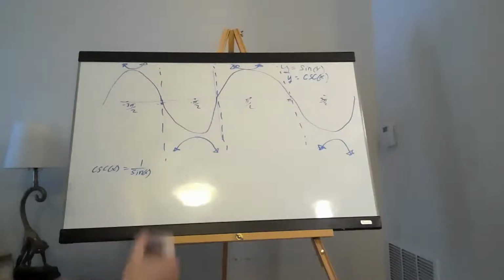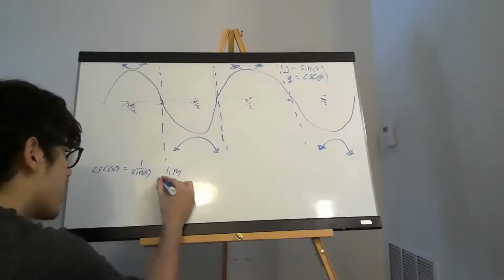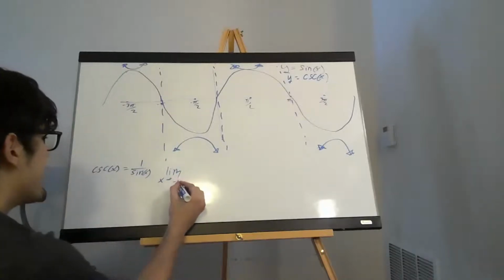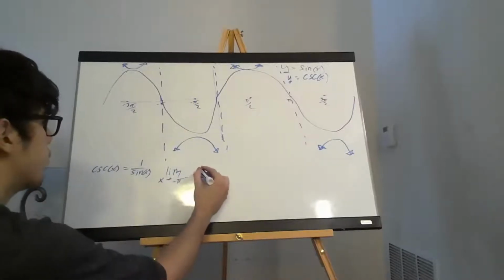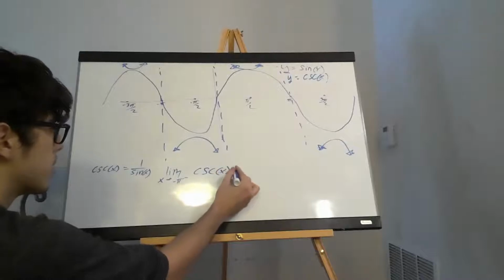So now let's do another limit example. Limit as x approaches, let's do a weird one, negative pi from the left side for the function cosecant of x.